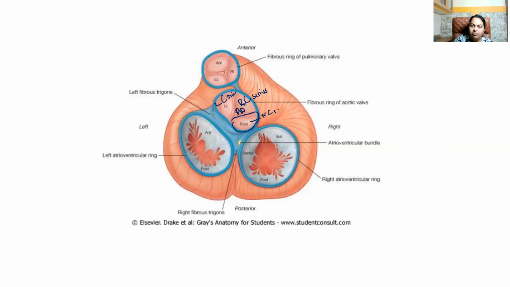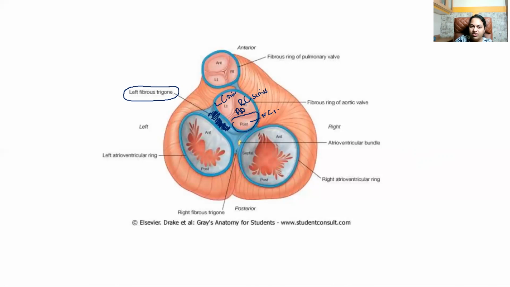Now, at the base of the left coronary sinus, the collagenous fibrous thickening that you see here is going to be called the left fibrous trigone. The collagenous thickening that you see in relation to the left posterior aortic sinus is called the left fibrous trigone.